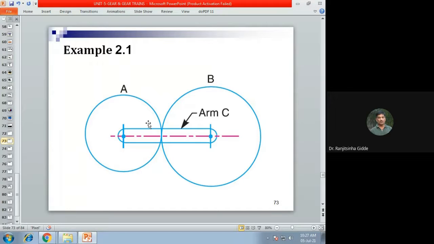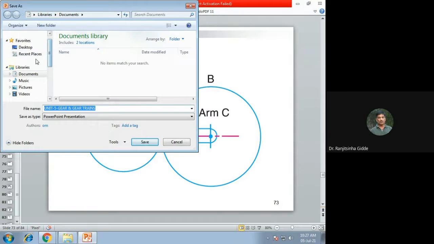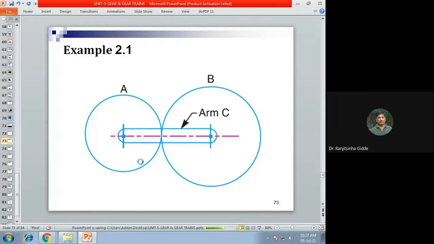Draw this diagram. Write down example 1.